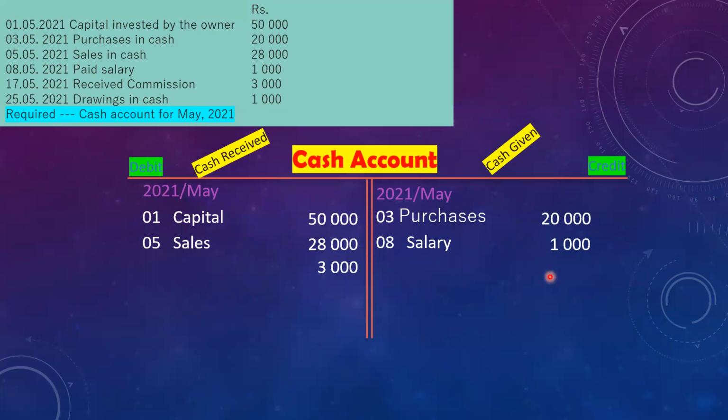Fasrin, tell me, what is the detail you write? Nabila, tell me quickly. Commission income. Very good.